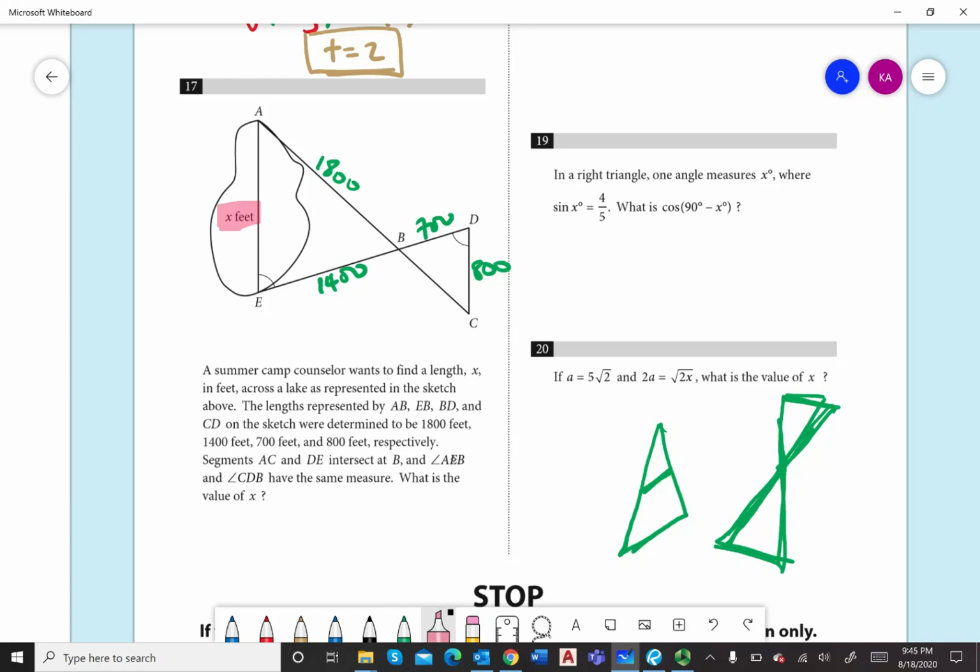So here it tells you that these angles have the same measures, okay, which are the angles that are here. So that angle and this angle. So those angles have the same measure. So what that tells you is that you have similar triangles.